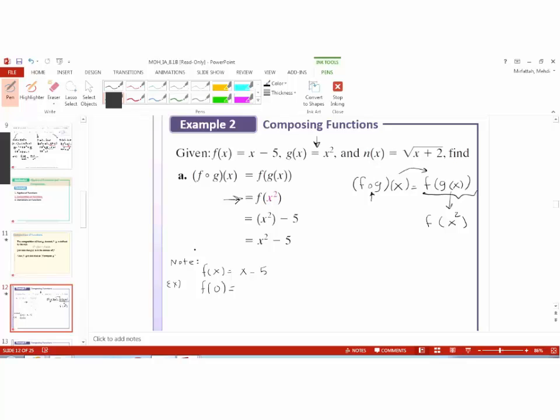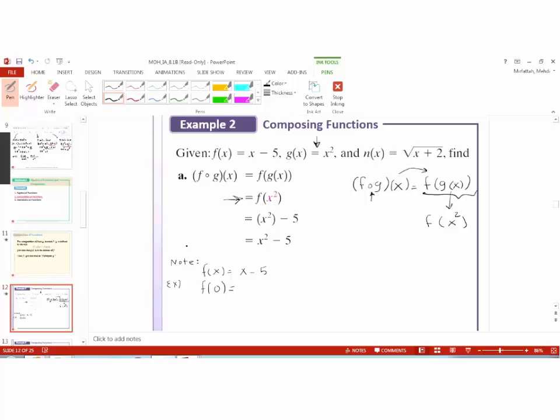f of x equal to x minus 5. Can somebody tell me what f of 0 is? You substitute 0 for each x. Okay, go ahead, Ivan. What is it, x minus 0? When you explain the steps, go through the detail, because students are going to review this later.